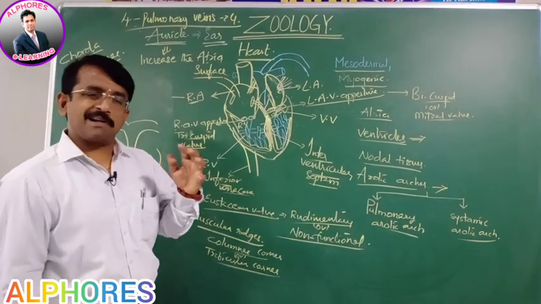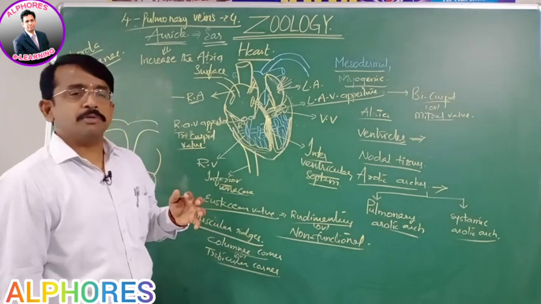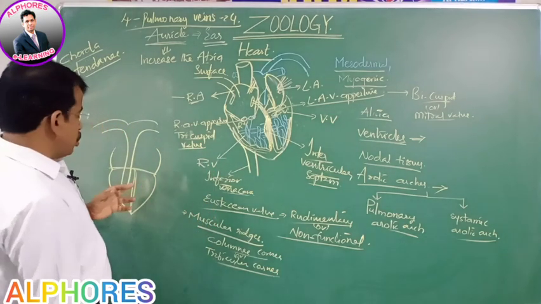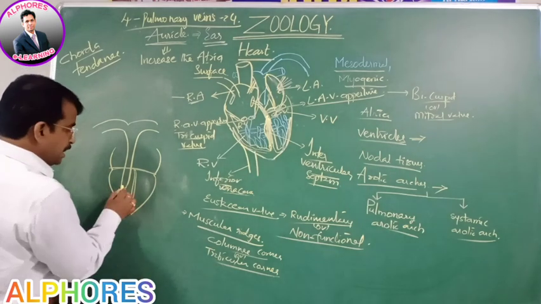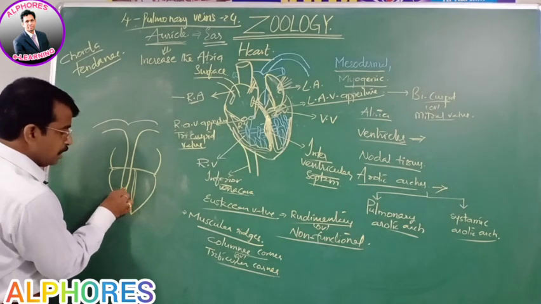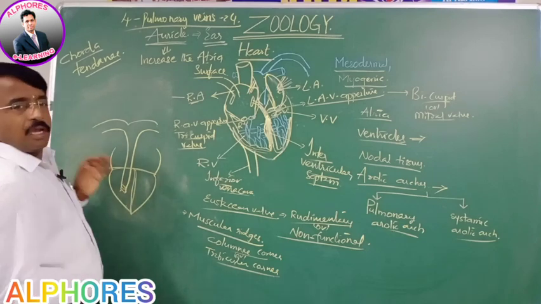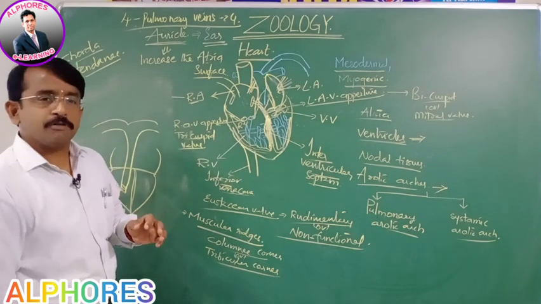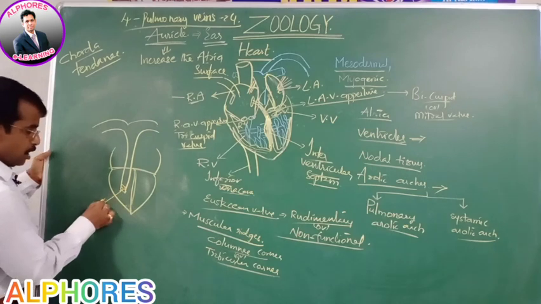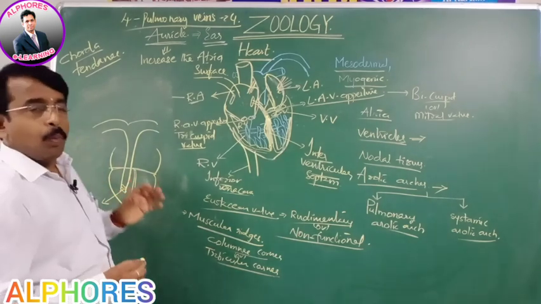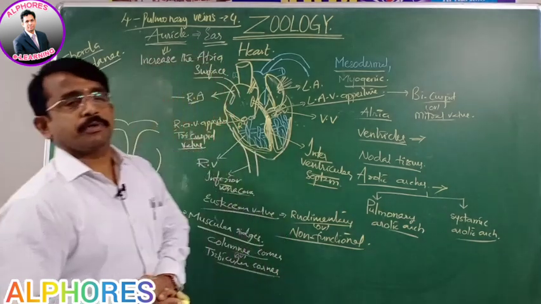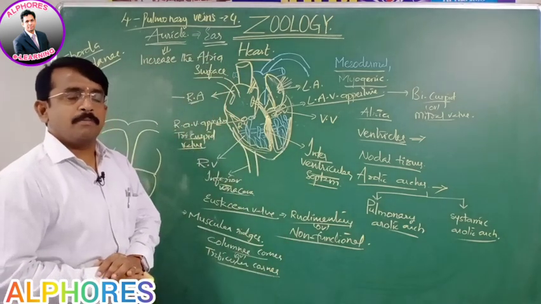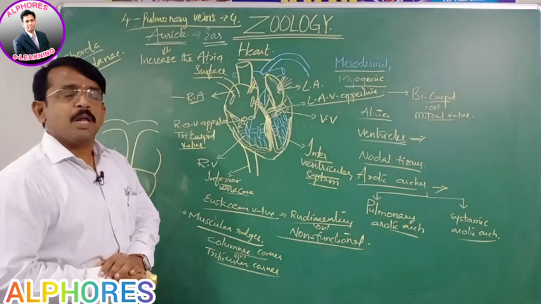Pulmonary trunk is also the term given to it. At its junction, three half moon shaped valves are present, named the pulmonary valve. They are semi-lunar valves. Lunar means moon, so half moon, semi-lunar valve.